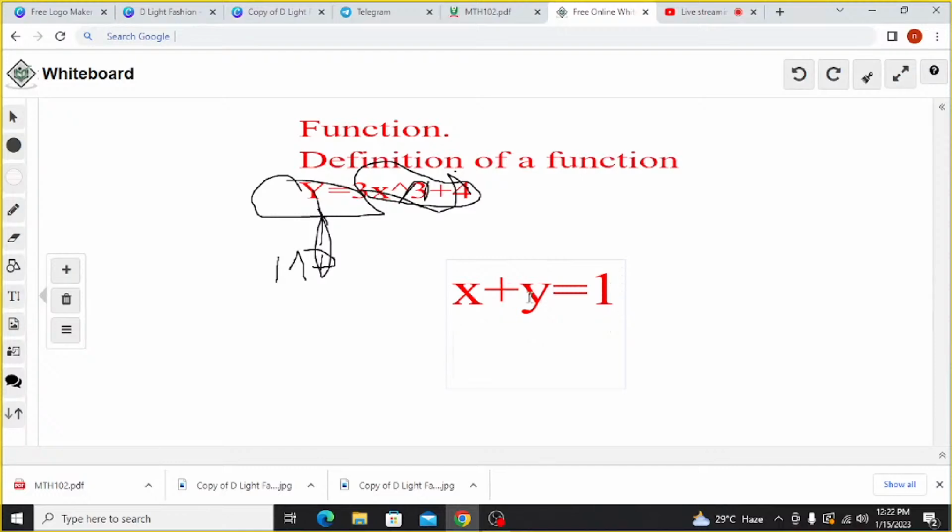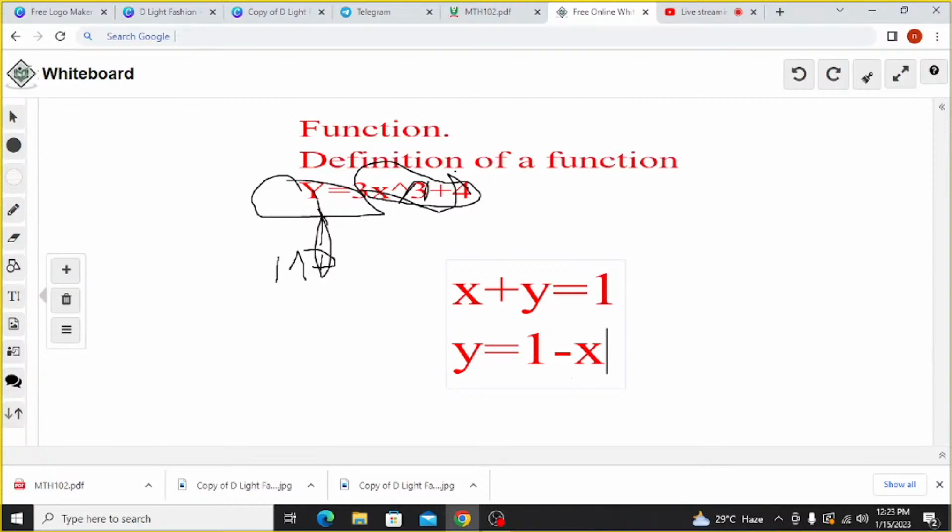So we try to collect the like terms. Now y equal to 1 minus x. The reason why the x has minus is that it has crossed the equal sign, so the sign will change.